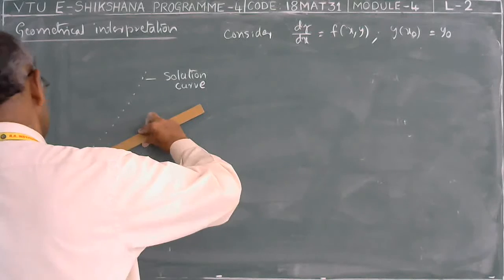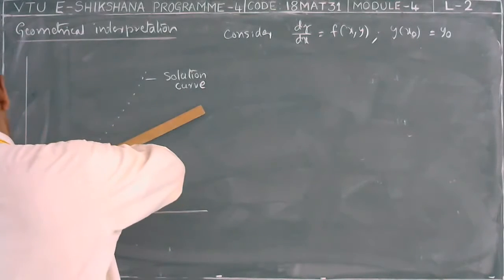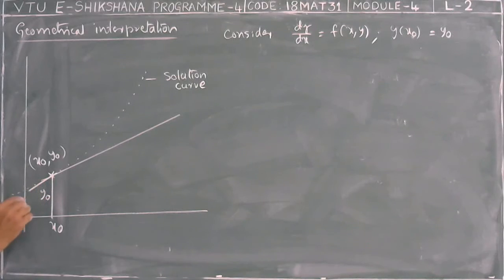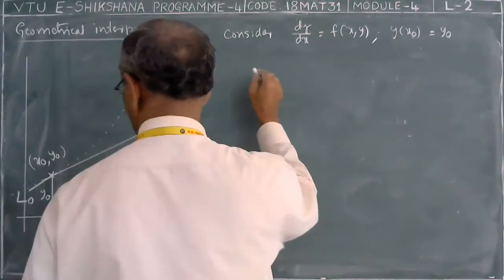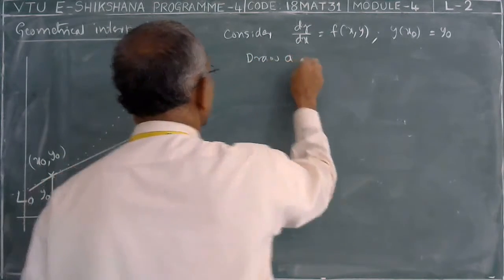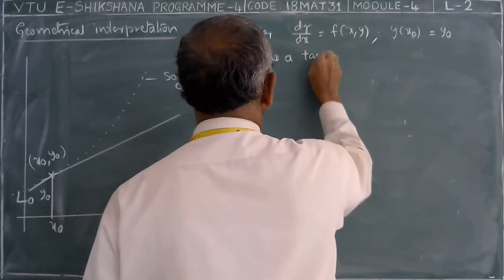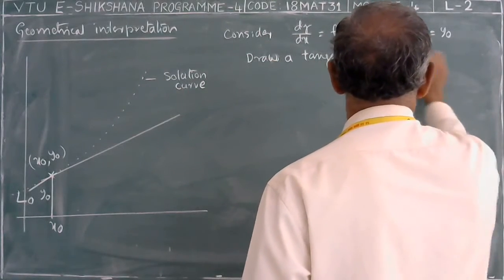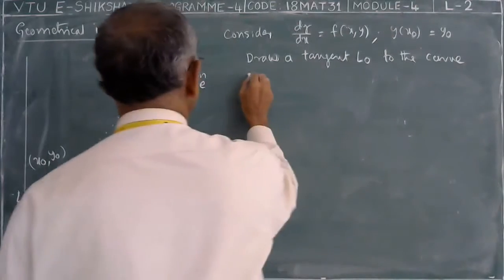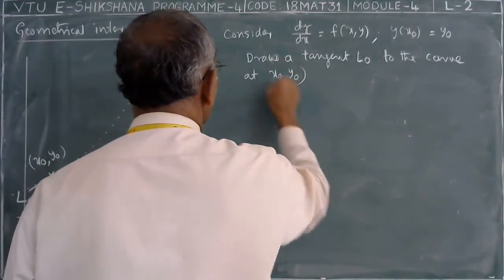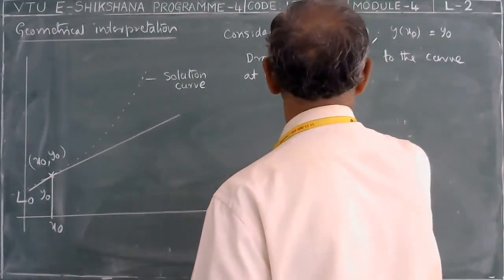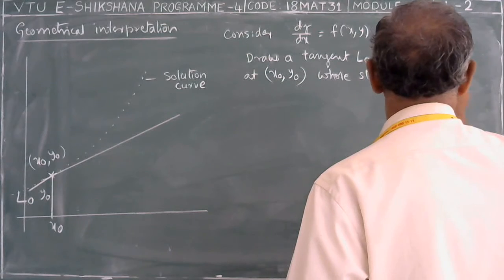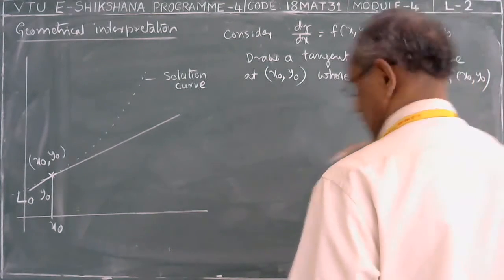Let us say this is the tangent, let us call this tangent L naught, to the curve at x naught comma y naught, whose slope is m naught, that is equal to f of x naught comma y naught.